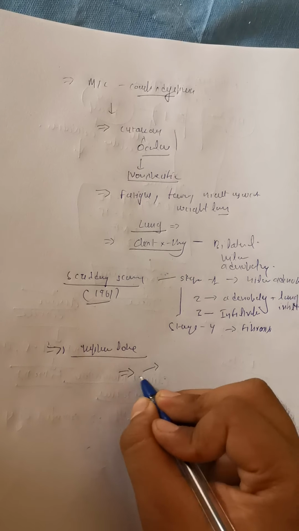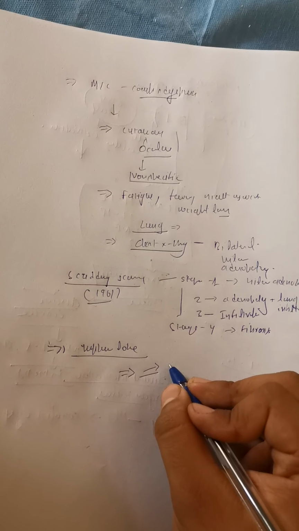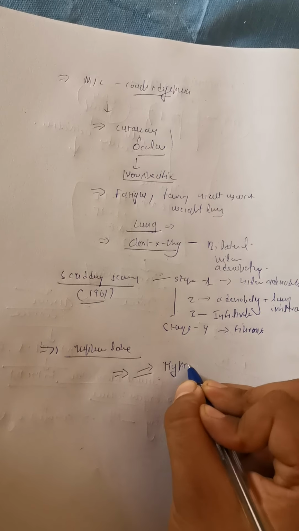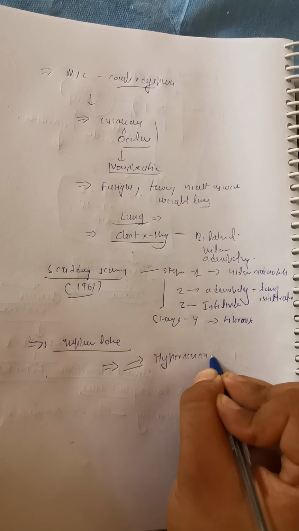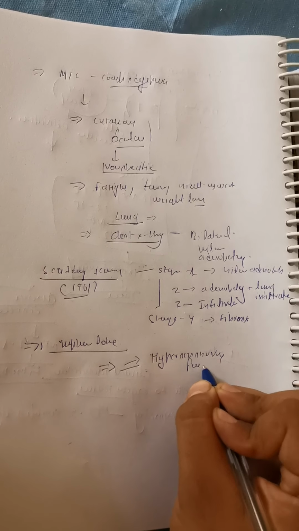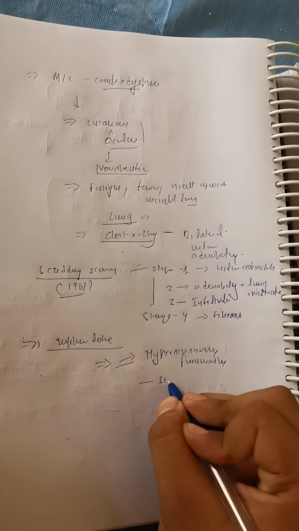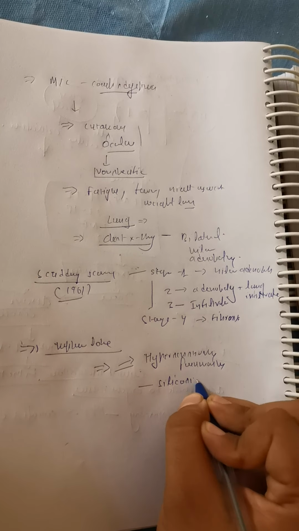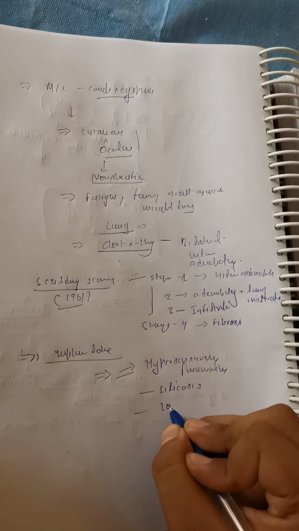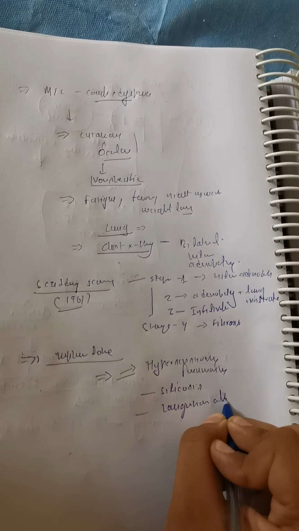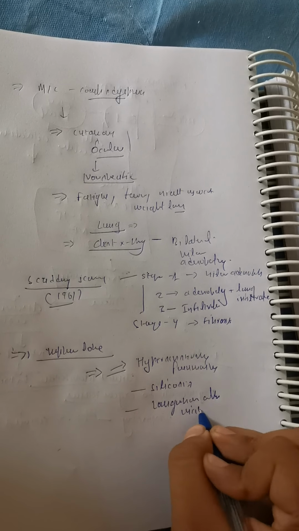The non-infectious diseases involving the upper lobe include hypersensitivity pneumonitis, silicosis, and Langerhans histiocytosis.